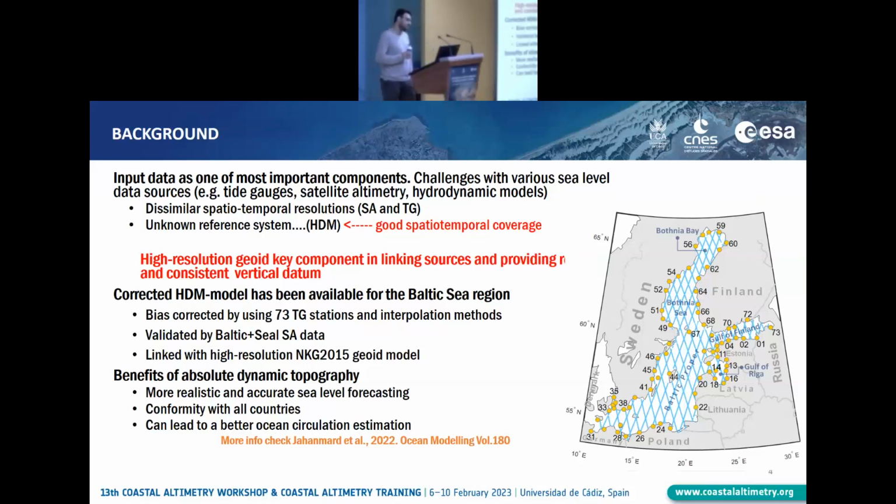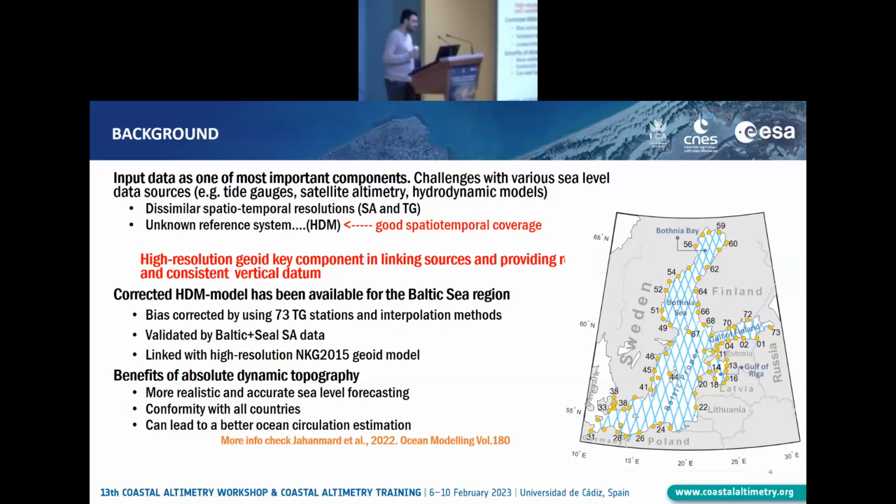The first is regarding the input data. We have different sources of sea level data: tide gauges, altimeters, hydrodynamic models, and also GNSS. They might have different or similar spatial and temporal resolutions, for example SA and TG. Also, as my colleague explained in the previous presentation, the hydrodynamic model has an unknown vertical reference datum.